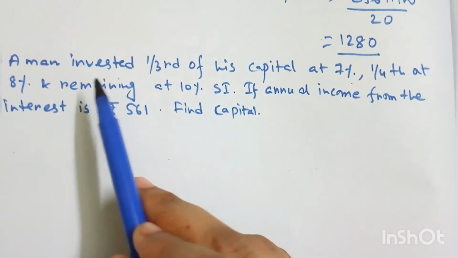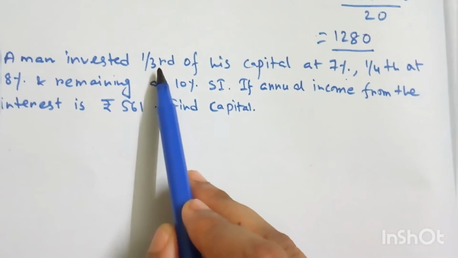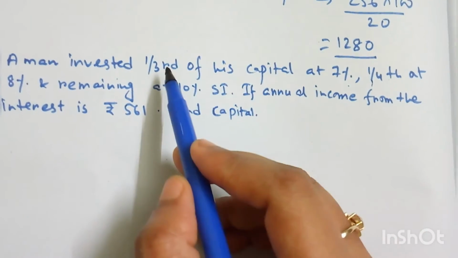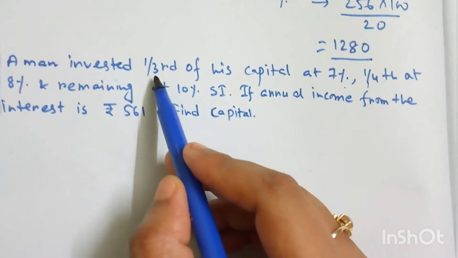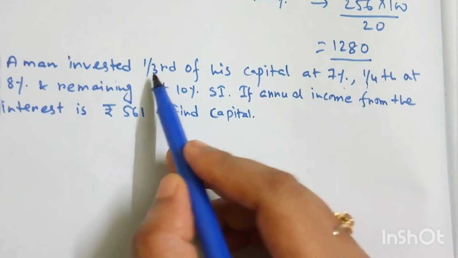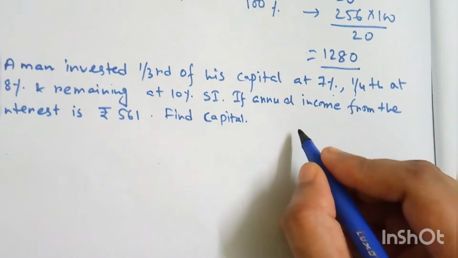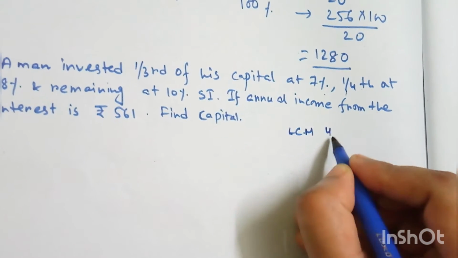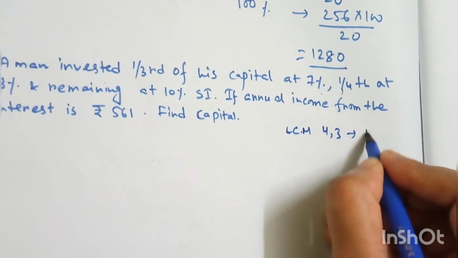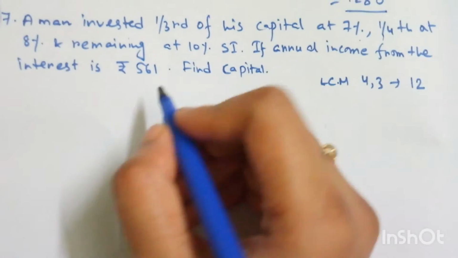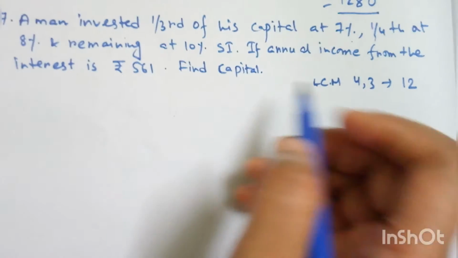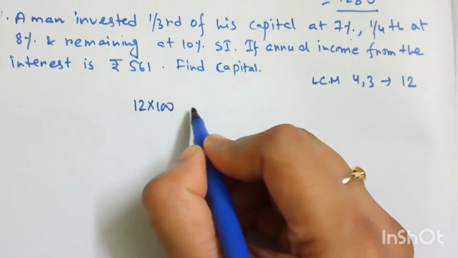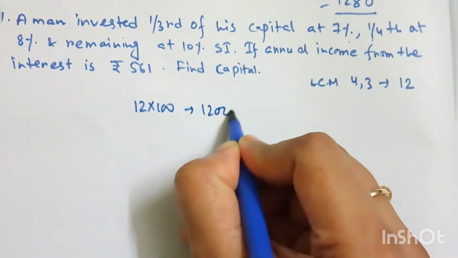First see here, he invested 1/3 of his capital and 1/4. So first what you have to do is find the LCM of 3 and 4. The LCM of 3 and 4 is 12. Now assume the principal is 12 into 100, that is 1200.